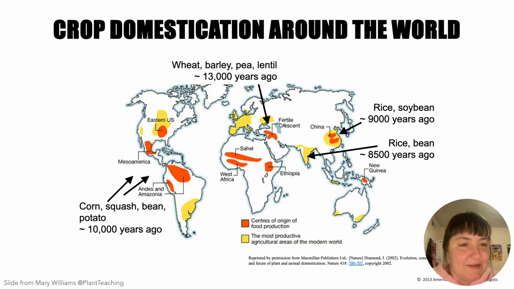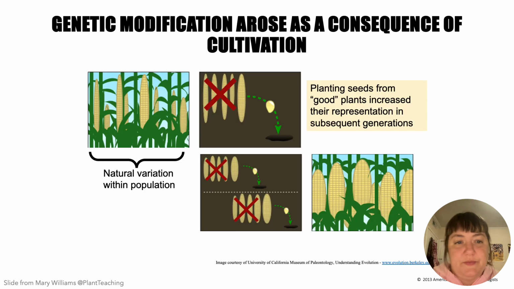And we also talked about this in the first lecture, but basically crop domestication occurred all around the world on different crops, all around 10,000 years ago or so. And that's where the beginnings of agriculture began. Basically, genetic modification by plant breeding started to happen because of cultivation.